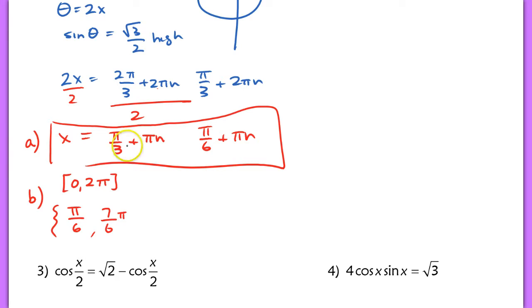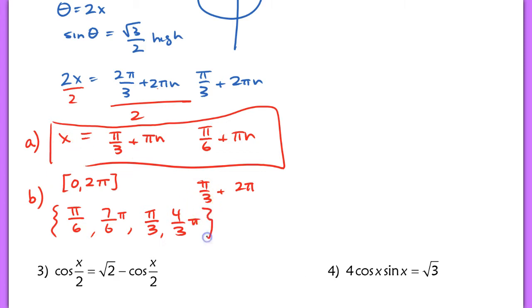So let's go to pi over 3. Now pi over 3 definitely falls in that interval as well. And if we add more multiples of pi, so let's try pi over 3 plus 3/3 pi, we end up with 4/3 pi, which is still within that interval. Now when we try to add another multiple of pi here, so 2 pi, again you're going to see that that's clearly outside your 2 pi interval.